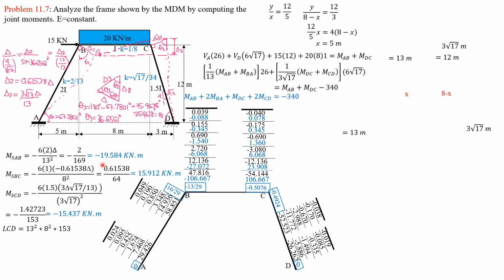We can do that as long as we divide everything by 1000. So it is positive 15.912. For CD, this sideway moment times LCD and divided by 1000 is negative 15.437 kilonewton meter.